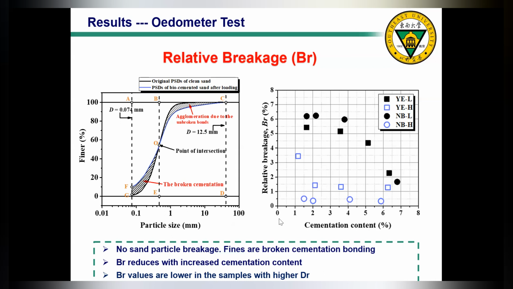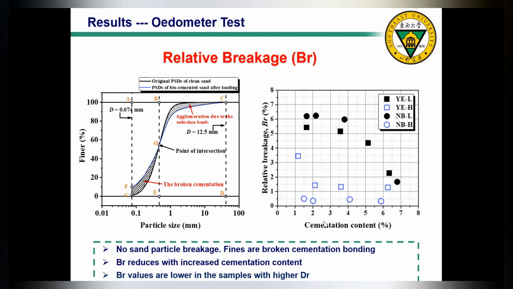Firstly, we also did a control test. For the clean sand, after compression, we didn't see any noticeable change in the particle size distribution curve. It means that the calcareous sand particle itself does not break. So we can see that the fine particles generated during the compression of bio-cemented sand come from the broken interparticle bonding.